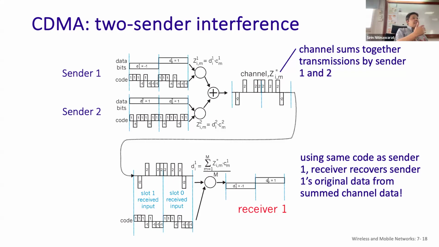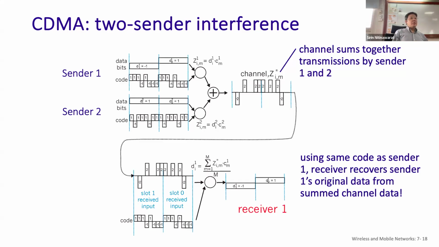We do sending, encoding, decoding by what type of process? We do multiplication and then sum, which is basically the inner product. So when I do the inner product, it's like I'm projecting the signal in 2 degrees of freedom.